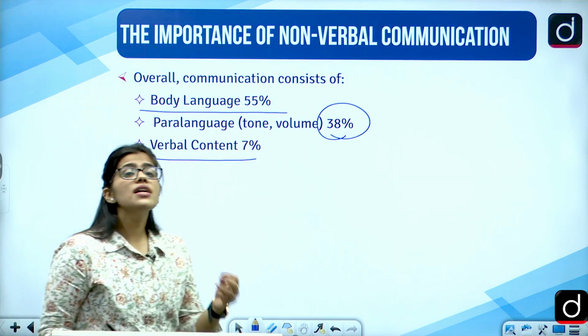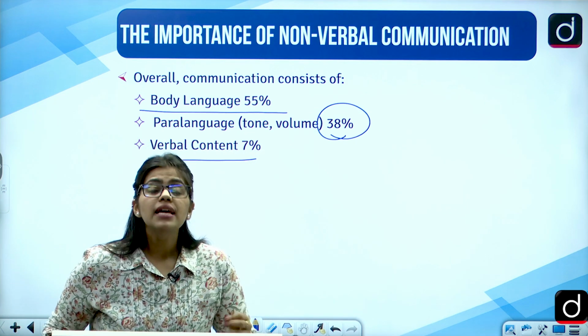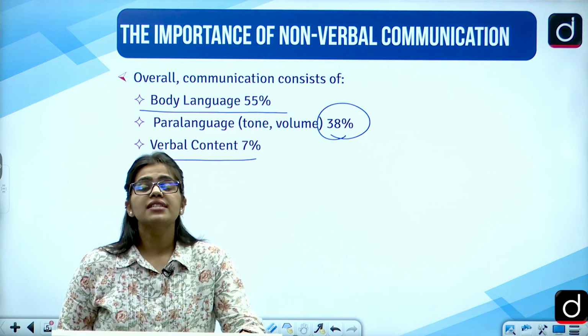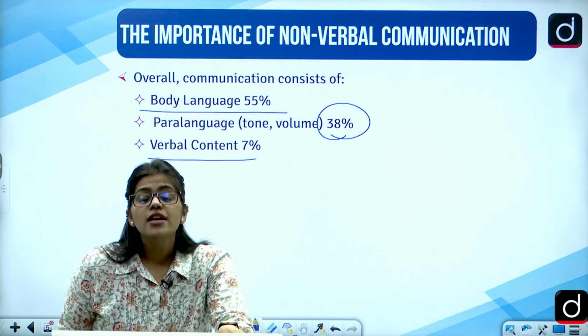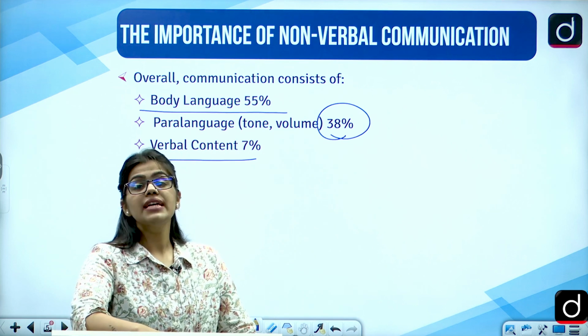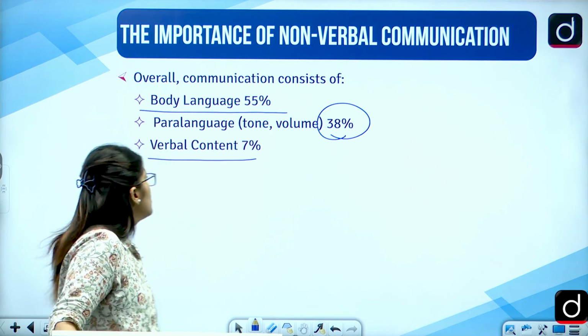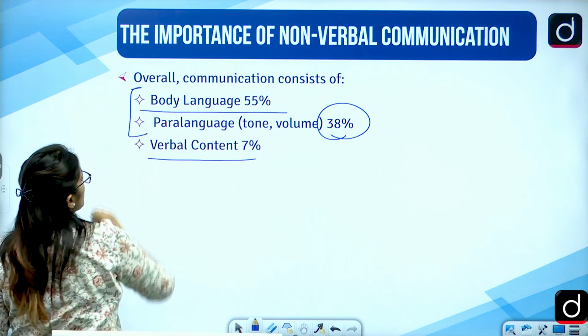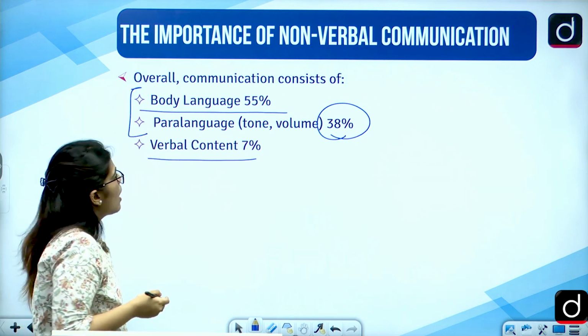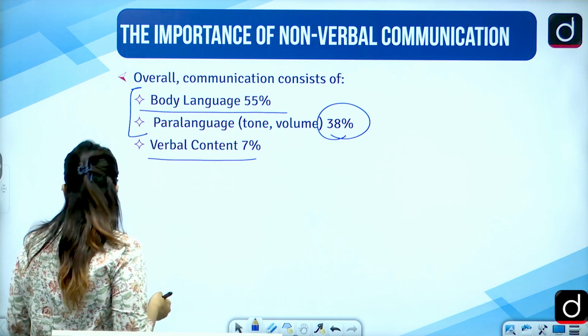This means that the words you are saying can be important, but these words can be deceptive as well. So, the most important part is that you should focus on the non-verbal aspect. The non-verbal aspect of communication becomes more important.